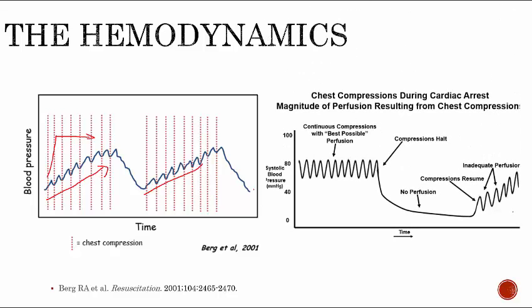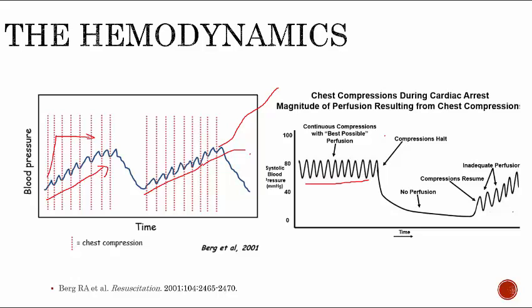Visualized another way, you'll see that with some time you eventually hit a plateau. It doesn't just keep going up and up, but you hit a plateau, and in this example it is roughly 80 over 60. That's the systolic blood pressure you're able to attain with the best possible compressions, and that's the best you can do. That's hopefully giving your coronaries a little bit of blood and oxygen to try to get that heart back.